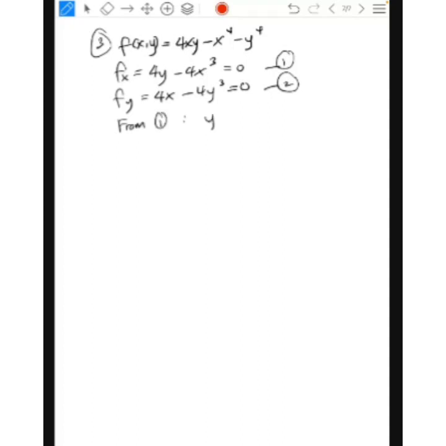So from 1, y equals x to the power 3. Substituting into 2, you'll have 4x minus 4 times x to the power 3, to the power of 3 again, because this is y. So we have 4x minus 4x to the power of 9 equals to 0.